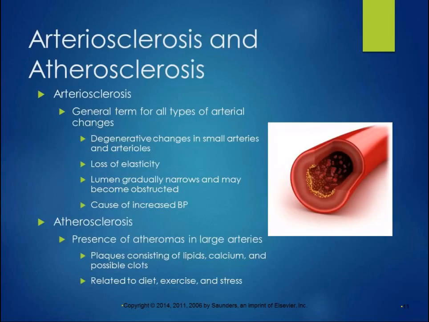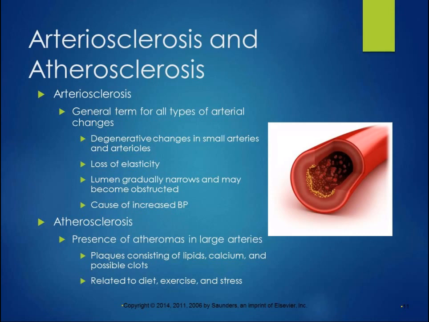Coronary artery disease usually starts with arteriosclerosis and atherosclerosis. Arteriosclerosis is a general term for all types of arterial changes. Generally, in medical terminology, sclerosis means hardening, so you can think of arteriosclerosis as hardening of the arteries.